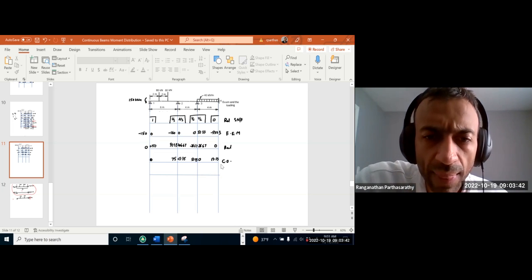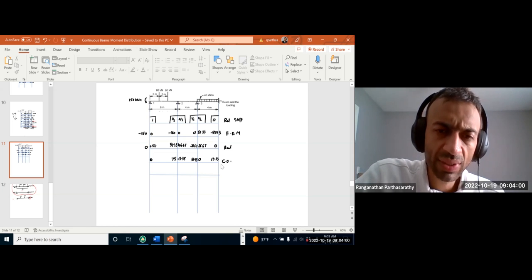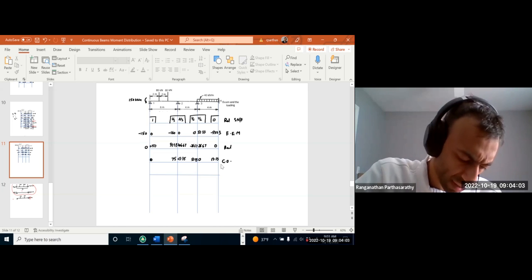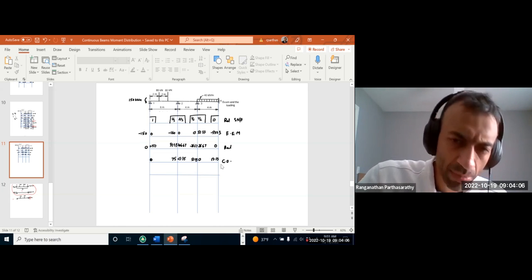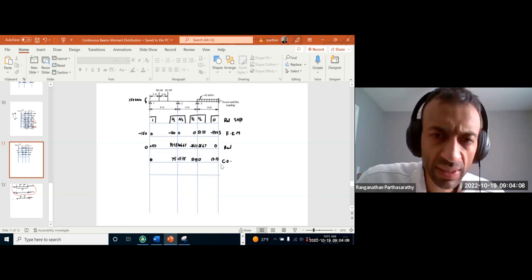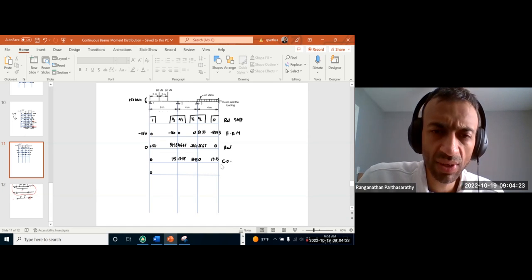Now we have 75 minus 13.35 here, positive 61.65. So we have to balance that. Here, nothing to balance, so 0, we don't balance anything. Here, positive 61.65, so we need to apply negative 61.65.